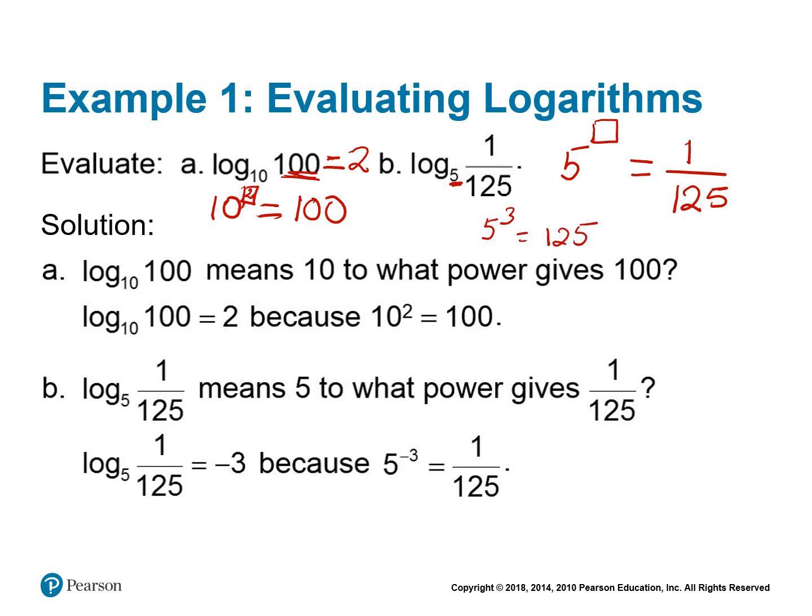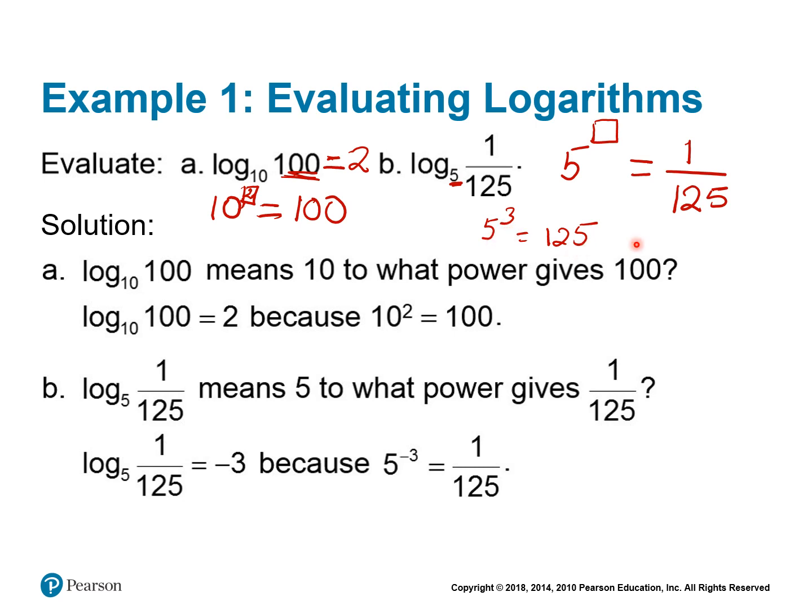However, this question here is 1 divided by 125. All right. The 125 is in the denominator. Now going back to the rules of exponents, all right, negative exponents means reciprocal.